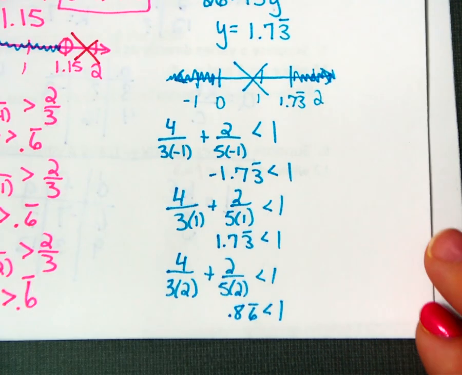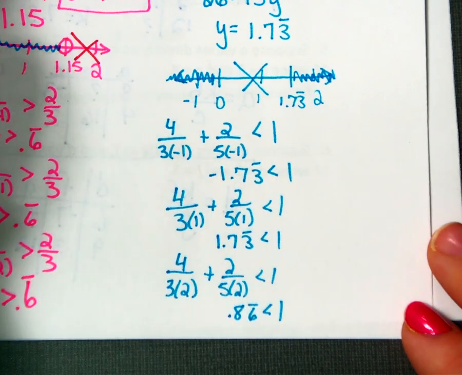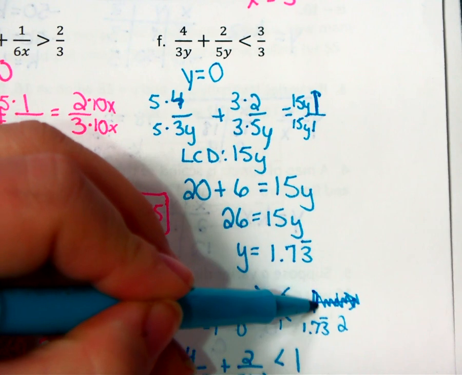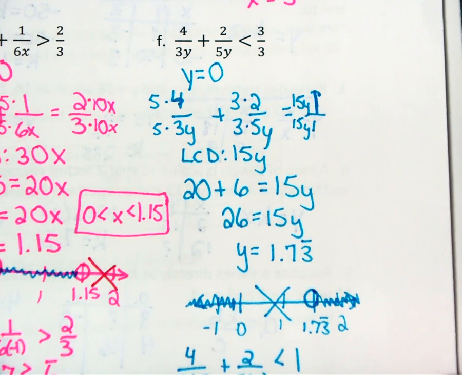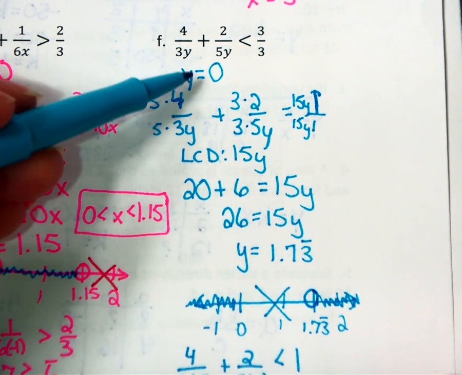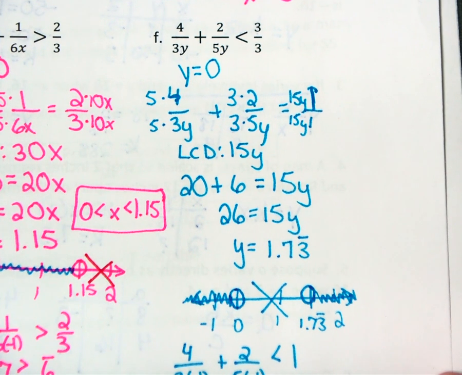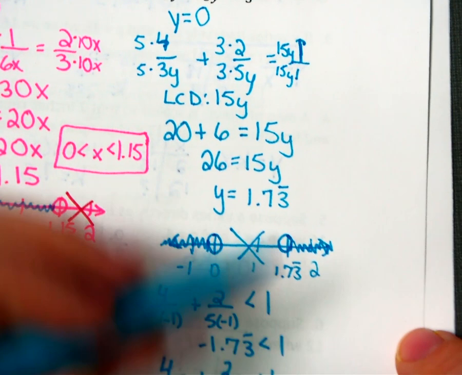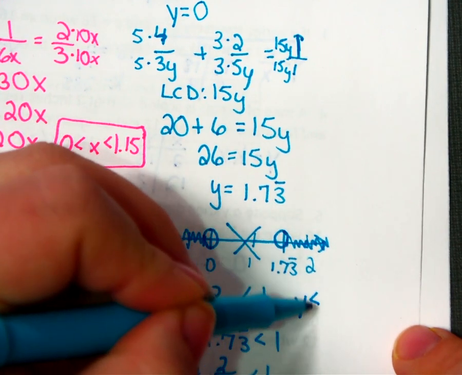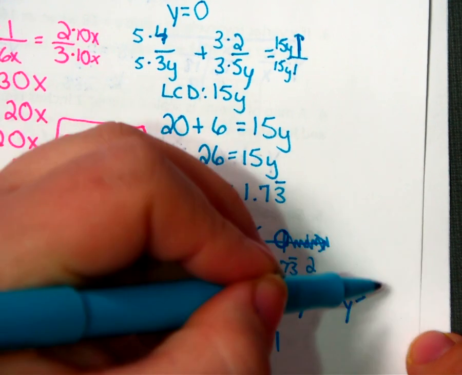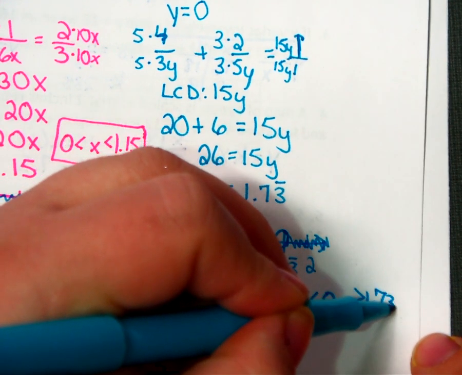So that means everything above it will work. So the original problem did not have an equal to. So my 1.73 should not have an equal to. It should be open. And it can't equal 0, so it should be open. So the inequality that represents this is y is less than 0 and y is greater than 1.73 repeating.